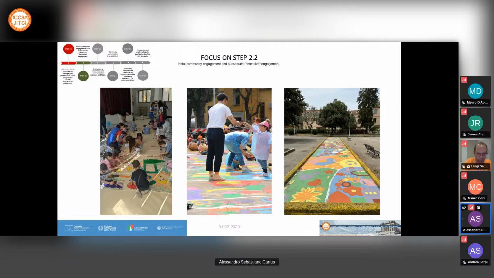The children, with the supervision of the teacher and members of our research team, created drawings with the use of paints. This activity was positively accepted by the inhabitants of the neighborhood and allowed our team to make ourselves known by the inhabitants and promote the successive engagement activities.